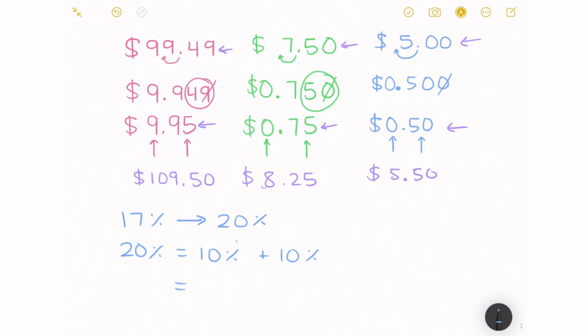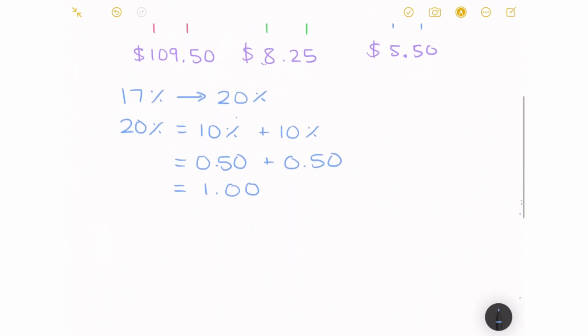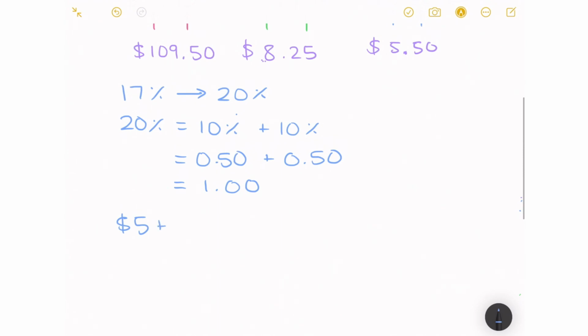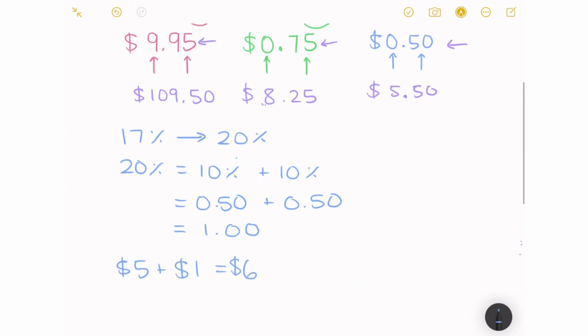So our 10% was half a dollar or 50 cents plus half a dollar or 50 cents. That gives us $1. That's super easy because $5 plus $1 just equals $6. And since we rounded up from 17 to 20, we know it won't actually cost $6, but we'd rather overestimate than underestimate.